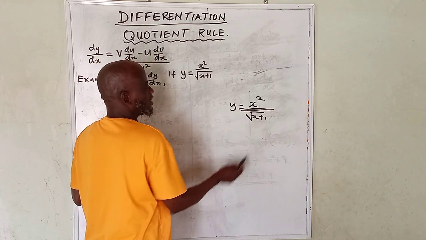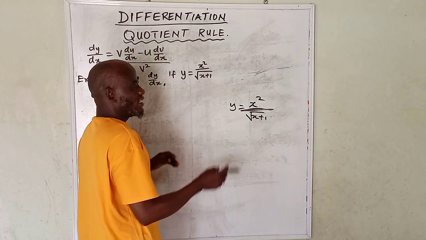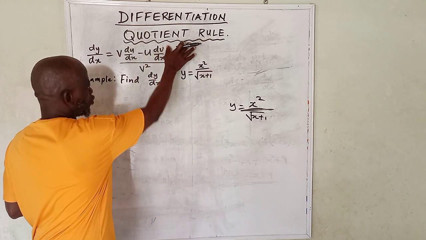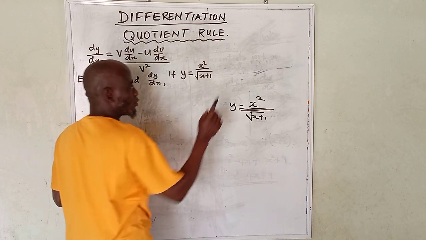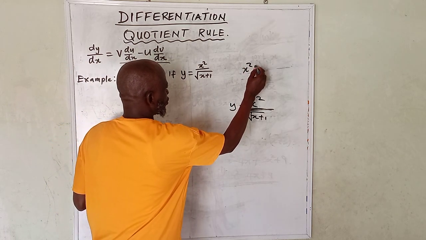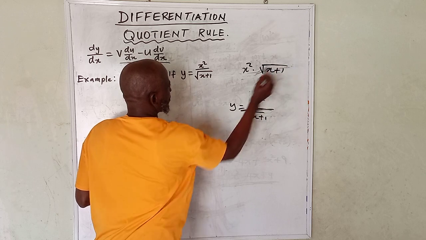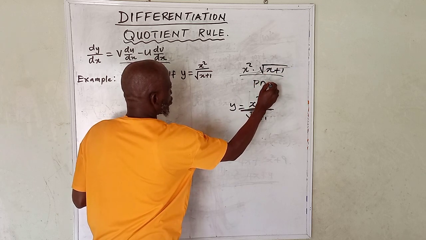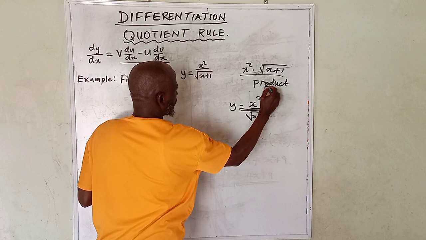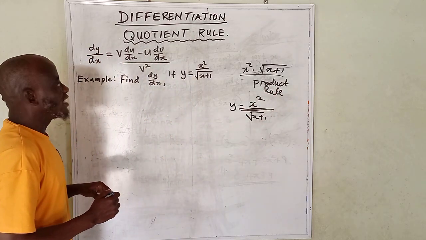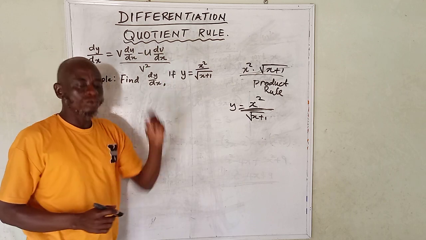Whenever you have two functions dividing each other like this, the simplest rule you use is quotient rule. In the last one, product rule, we said when two functions multiply each other, then you use product rule. But when you have two functions dividing each other, for beginners, you use quotient rule.